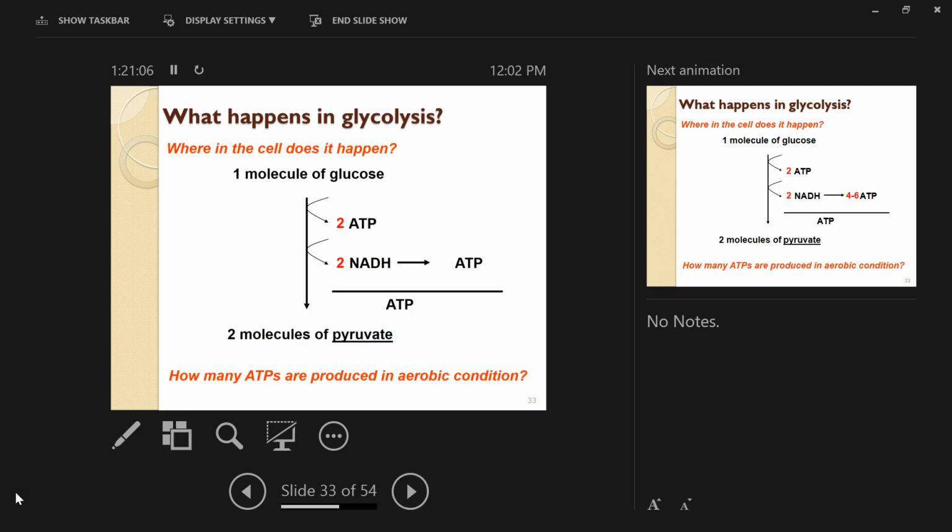generated from the glycolysis pathway, which part of the cell does glycolysis occur in? Do you guys remember? The cytosol. Yes. So glycolysis occurs in the cytosol, so that means the NADH is also generated in the cytosol, and this NADH cannot be transported into the mitochondria freely.